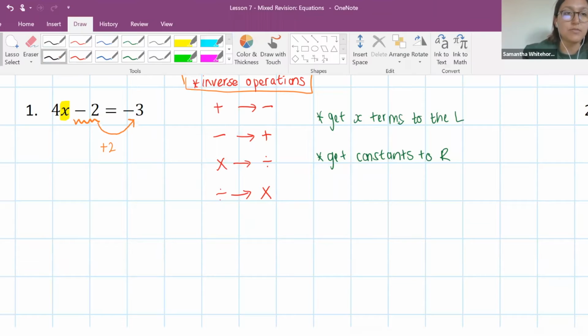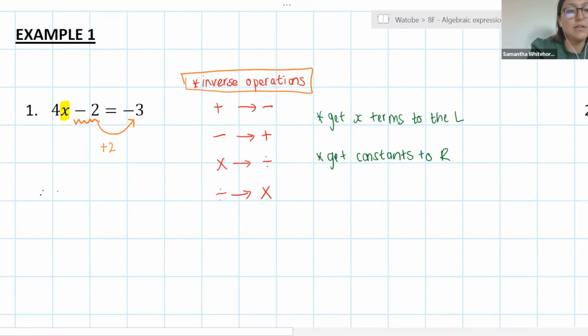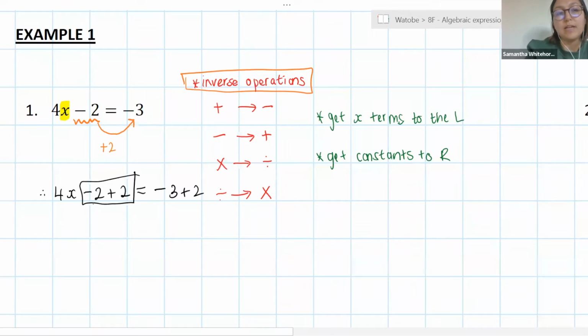This next step you don't have to write down. If you want to go straight to the simplified answer, that's absolutely fine. But essentially, on either side I'm adding 2. On the left-hand side, -2 plus 2 cancels out, so I'm just left with the 4x.